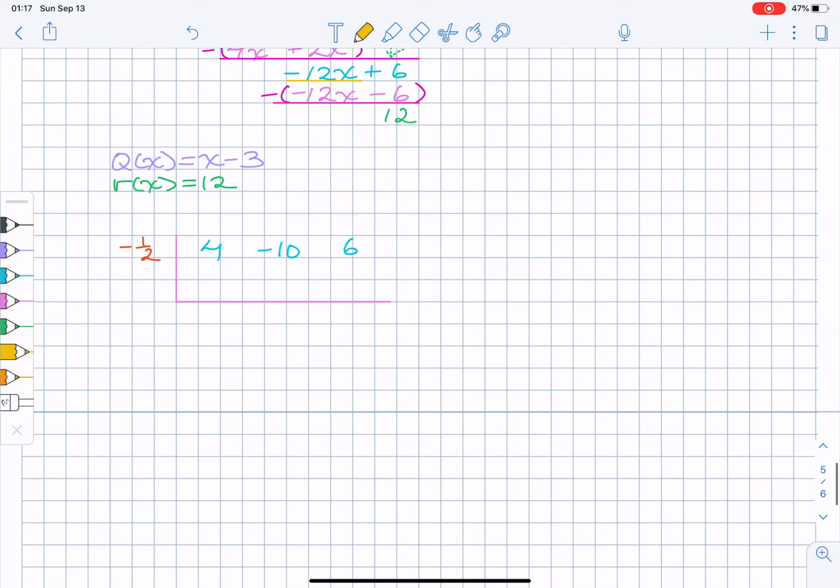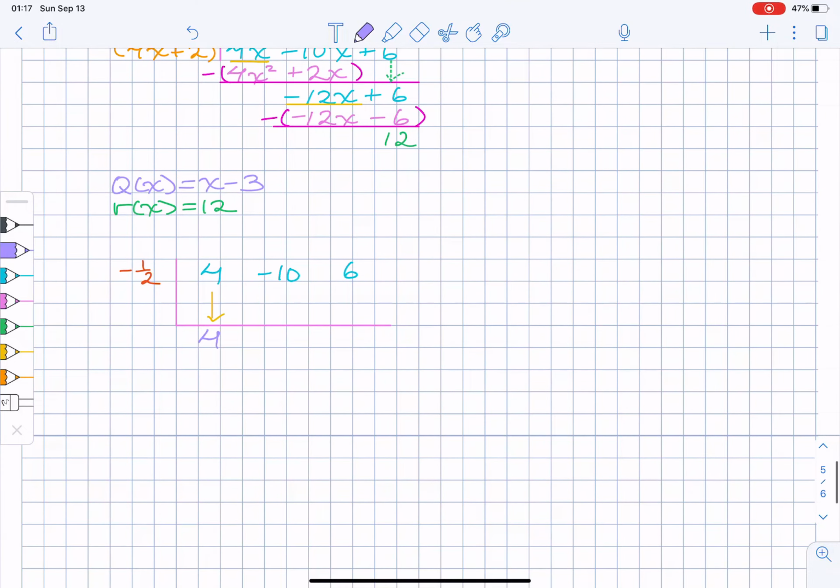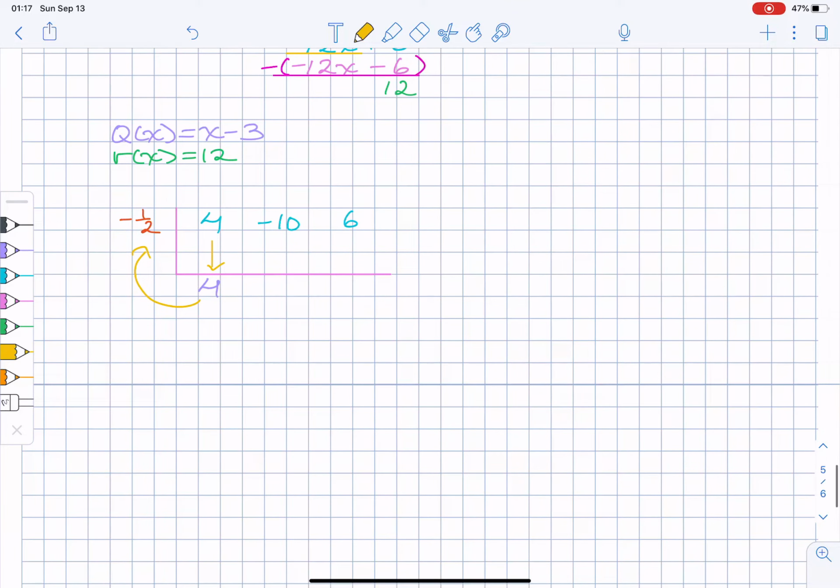So we drop down the 4. Right away we can see something's wrong, but it's actually not. So 4 times negative 1/2 will be 4 divided by 2. So negative 2. I then add this column together.